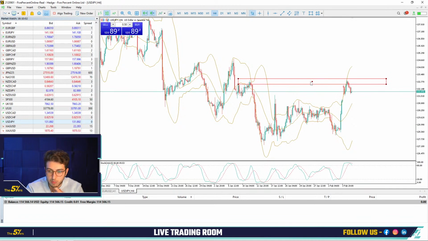Yeah, it looks like the market here is reacting to this zone. This is a key zone. It's not the extreme point, but the market already reacted to that point. We see stochastics cross above 80. We are at the top of the Bollinger Bands, of course, because we broke.